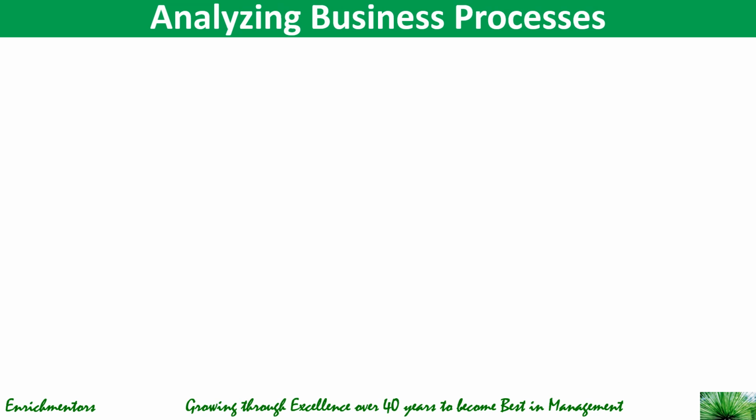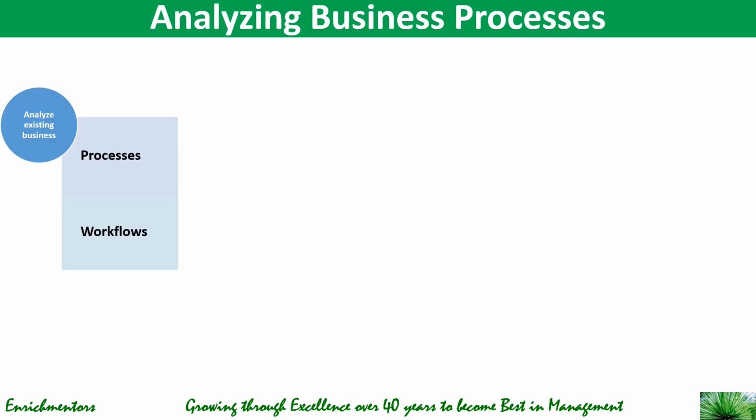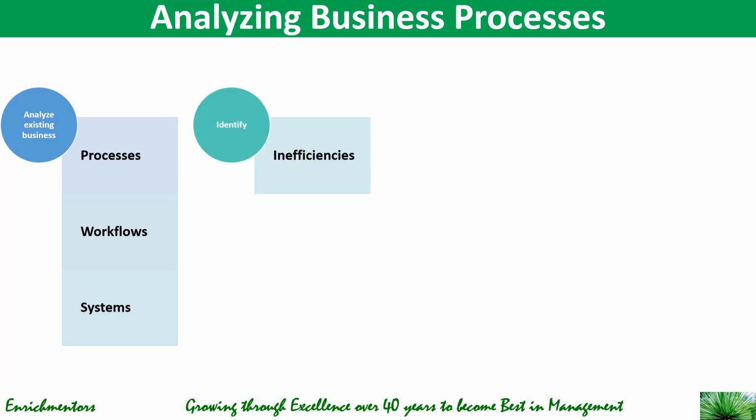The second thing you do is analyze existing business processes, workflows, and systems to identify inefficiencies, bottlenecks, and areas of improvement, because the ultimate aim is to improve profitability, efficiency, productivity, and business sustainability. What techniques do we use?